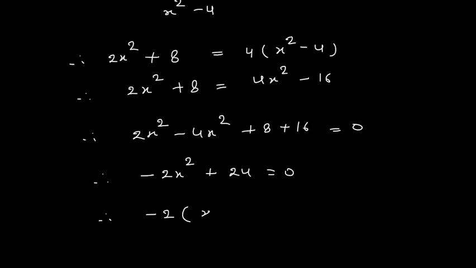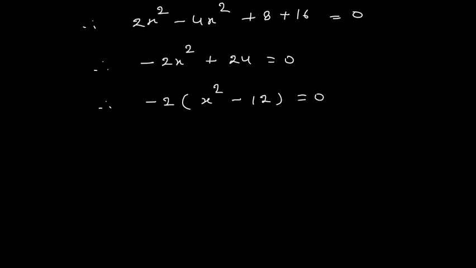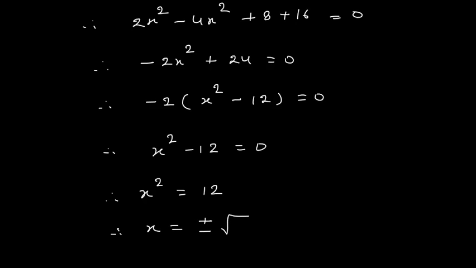When we take minus 2 common, it is x square minus 12 is equal to 0. So this minus 2 will go to the right hand side. So we have x square minus 12 is equal to 0. So therefore x square is equal to plus 12. Therefore x is plus or minus root 12.